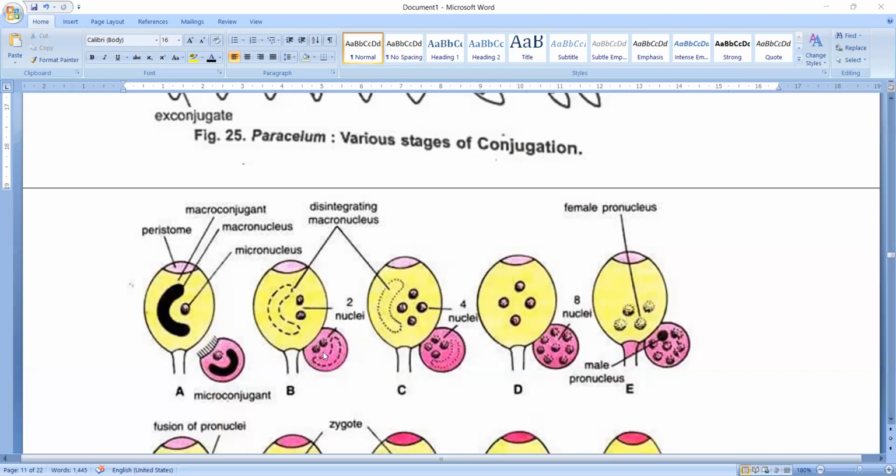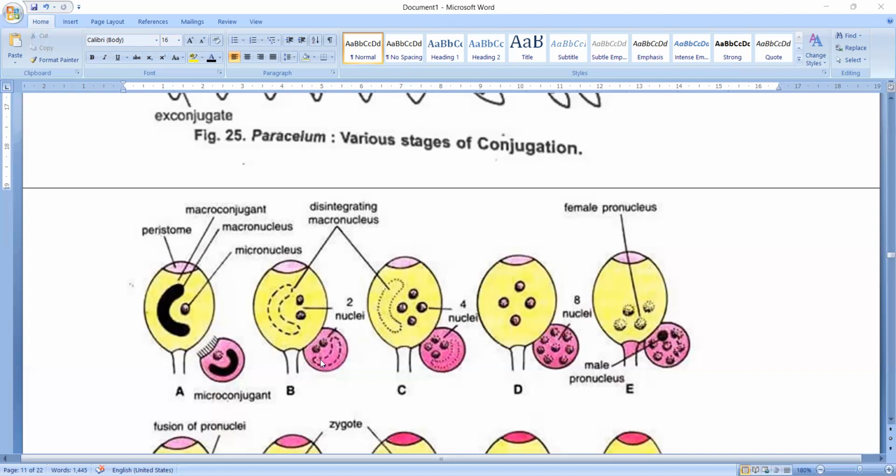Then it is attached. Now these two are called conjugates, and at the same time the macronucleus is dissolved. Here a single cell, single nucleus. In the second step, two nuclei.